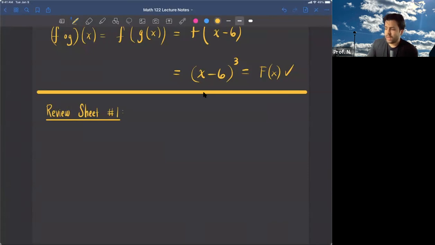We can go through any part of this review sheet. What I want to start with though is the simplified difference quotient. I saw some problems with simplifying the difference quotient on the second quiz, so I want to make sure everybody's on the same page.